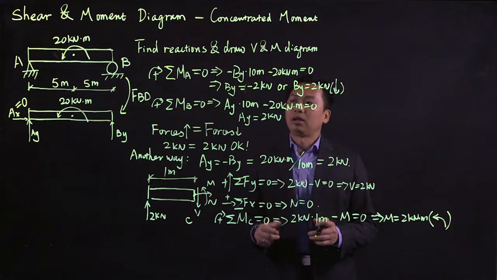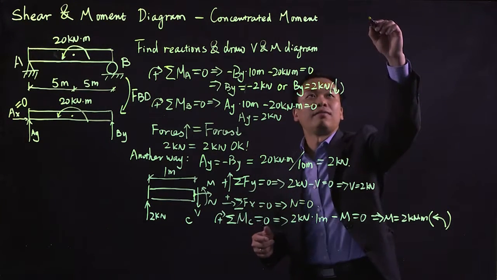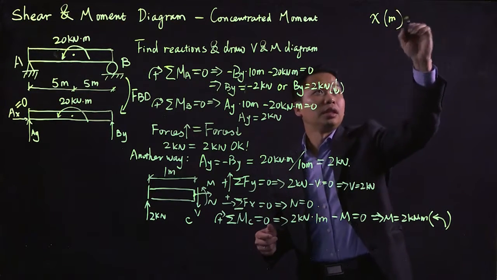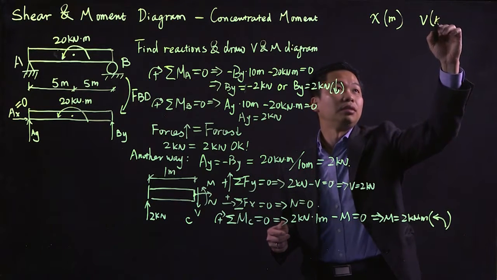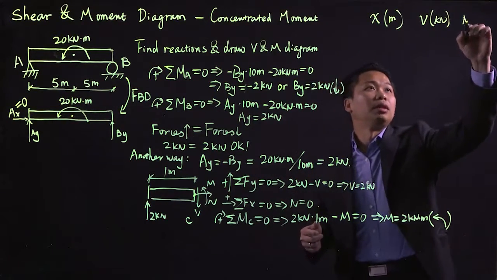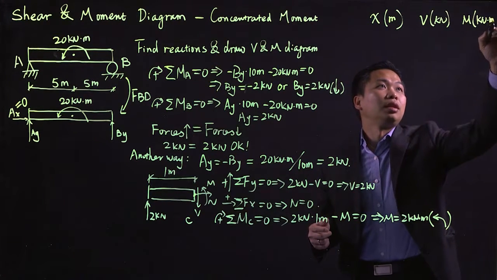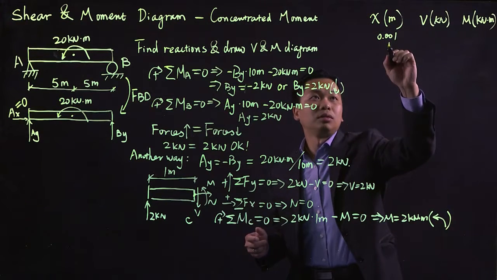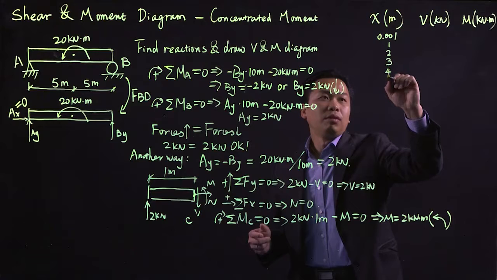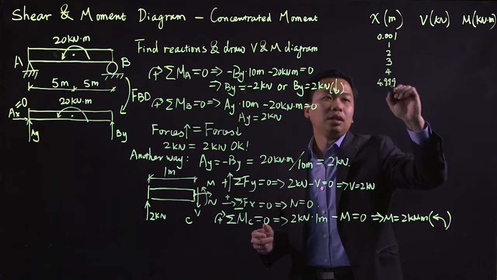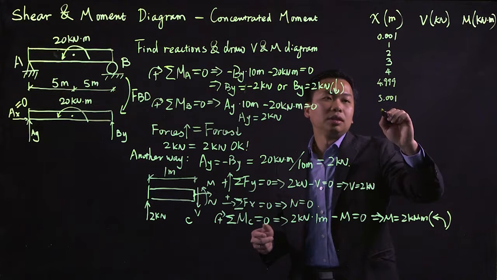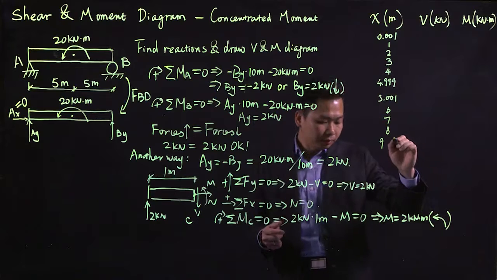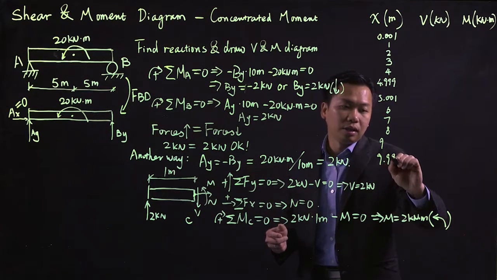And we can cut the section for the whole beam, and due to time, I did that for you. So this is X in meters, here is our shear in kilonewtons, and here is our moment in kilonewton meters. First X is 0.001, 1, 2, 3, 4, 4.999, 5.001, 6, 7, 8, 9, and 9.999.